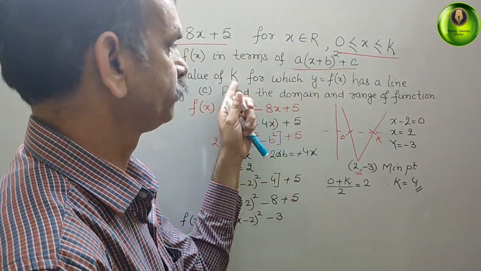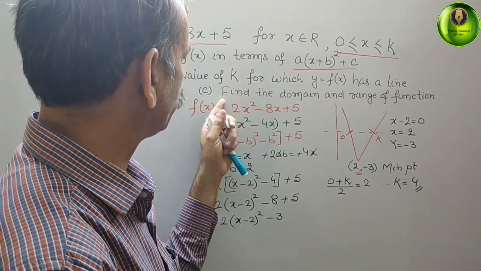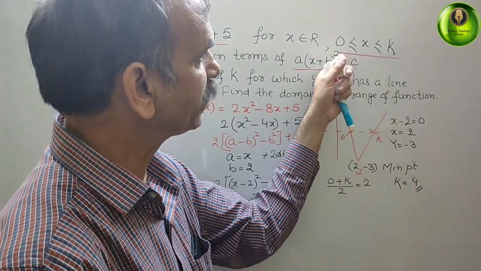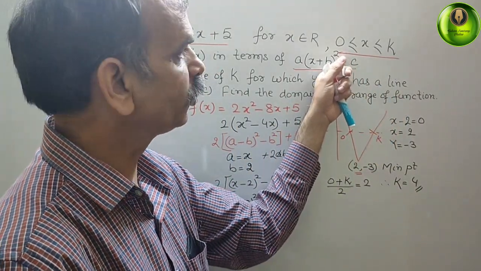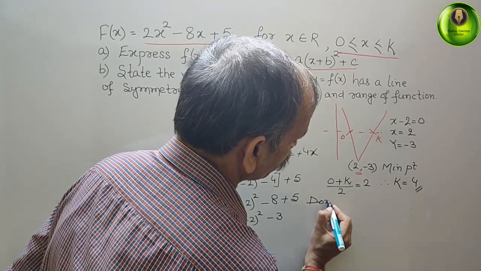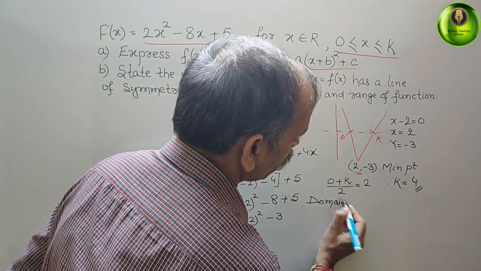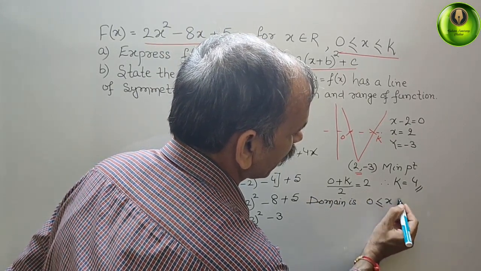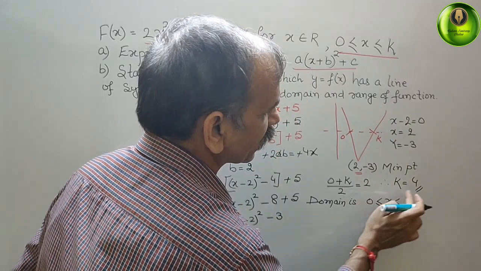Third, what they have told: find the domain and range of the function. Domain they have already given, so the domain is 0 ≤ x ≤ k, which is 4.